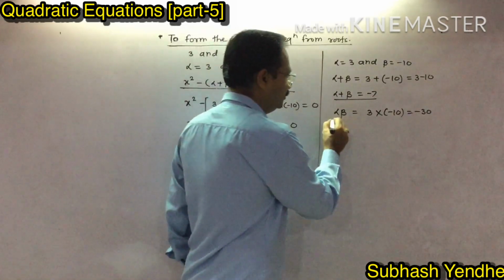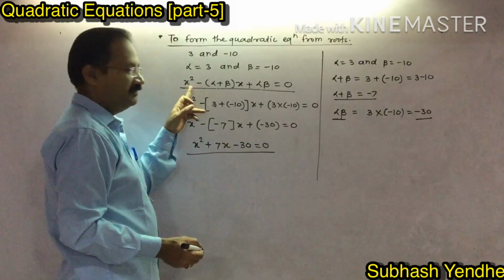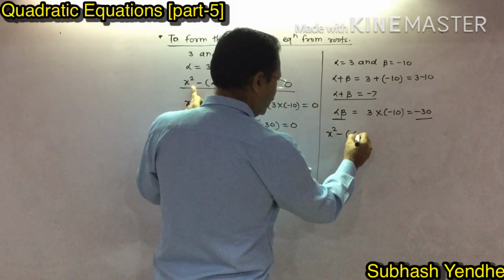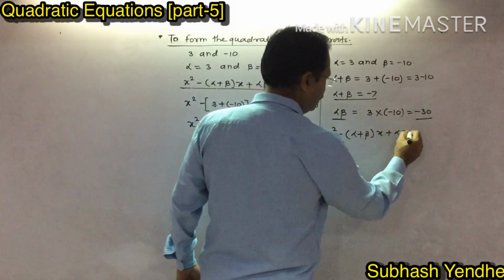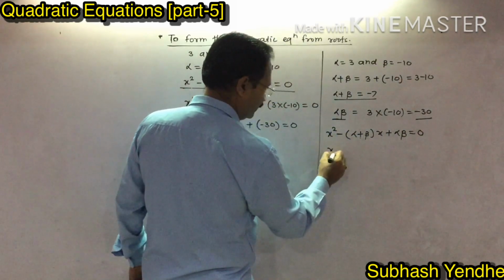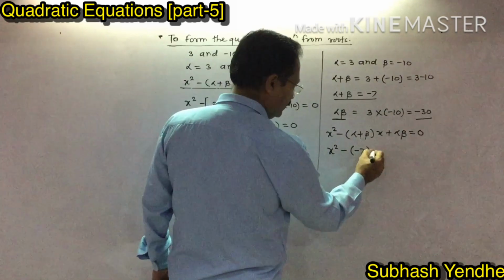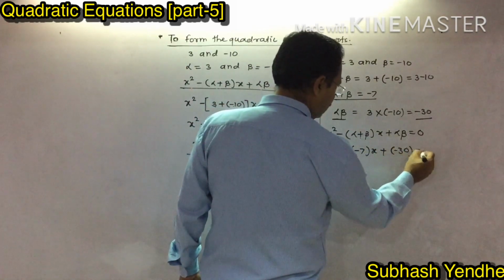Now you can substitute these values in the given equation. Which is our equation? It is x square minus (alpha plus beta) x plus alpha beta equals 0. So x square minus in bracket minus 7 x plus alpha beta is minus 30 equals 0.